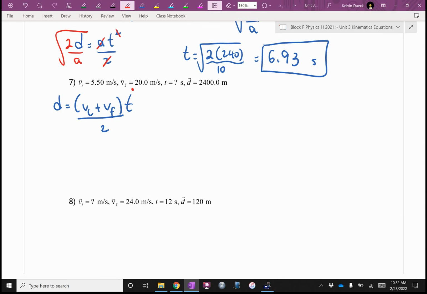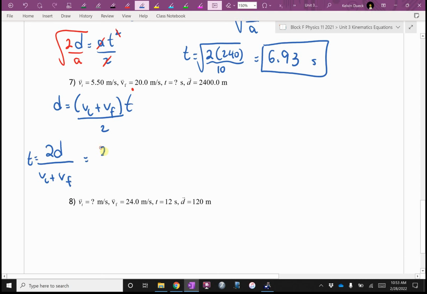Jada, what's going to drop down like a domino? The D? Do that first. Oh, change colors, Mr. Duick. What's the 2 doing to the T, Jada? So? What's the bracket doing to the T? So? Yeah, divide by the whole bracket. That equals T.